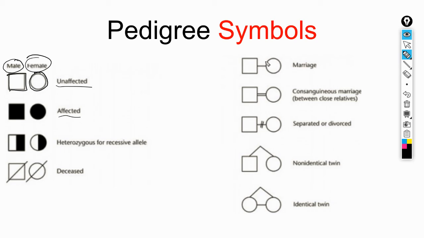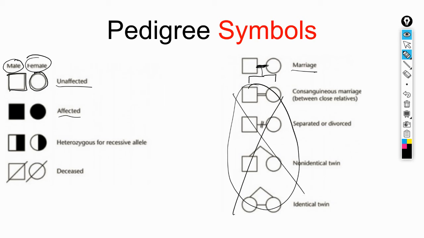Okay. Whenever you see a line between a male and a female, that means marriage or mating. From that, you will see a bracket that comes down that will represent the children produced by that marriage or mating. These down through here are useful information, but we're not really going to focus on those.